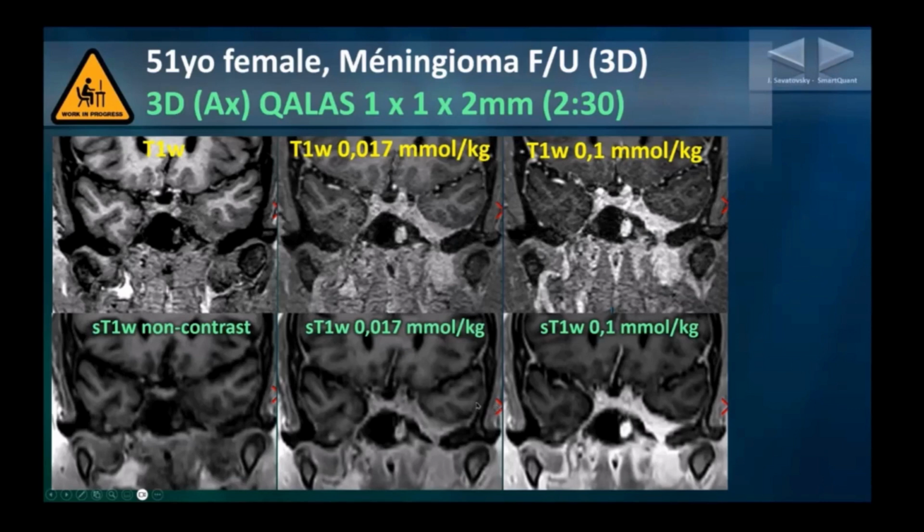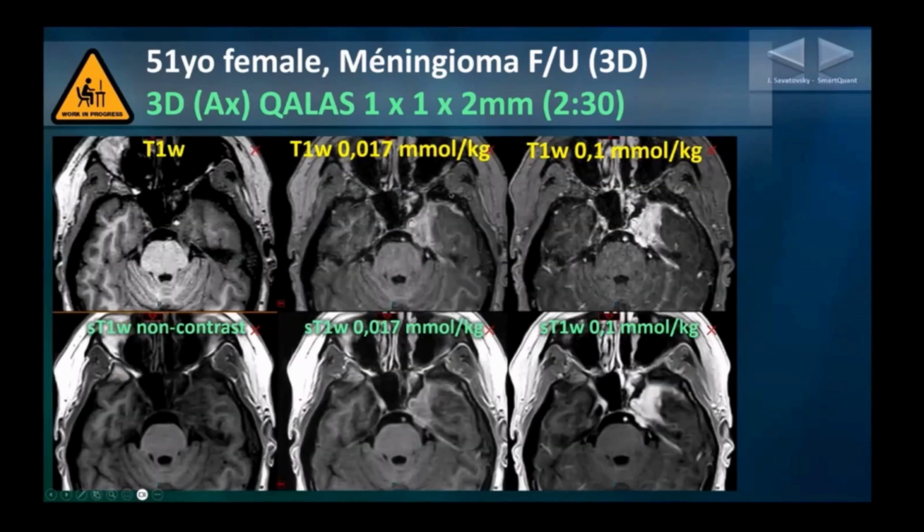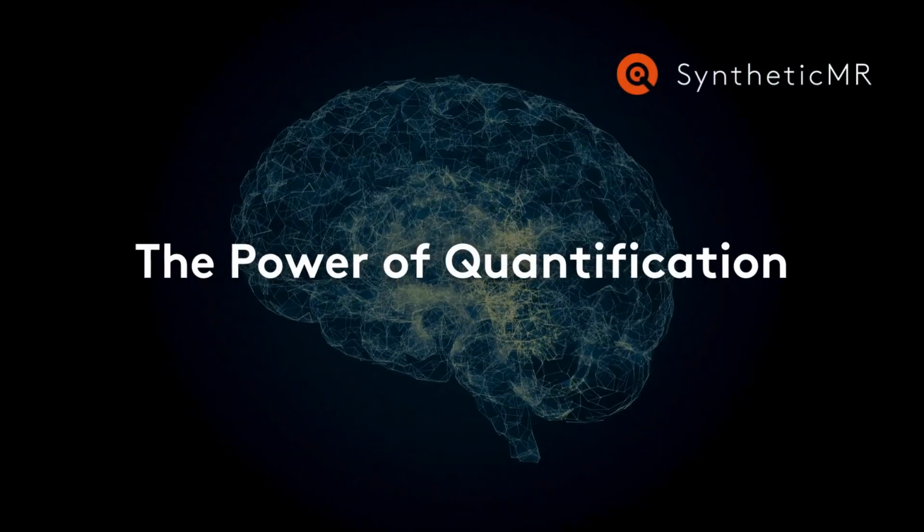And as you can see, with the synthetic MR generated images, we get a very good contrast, even with a low injected dose of gadolinium. And those are the actual slices on which you see that with the full dose, the meningioma is very well depicted, but with the reduced dose, it is still very well visible, and it's not inferior to the conventional T1 post-gadolinium.